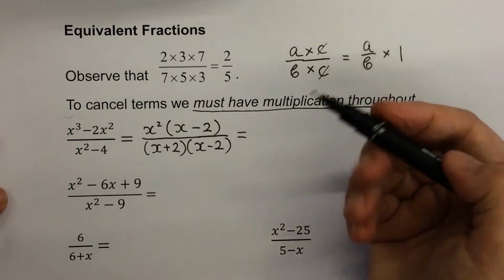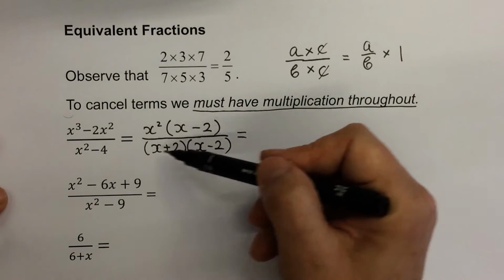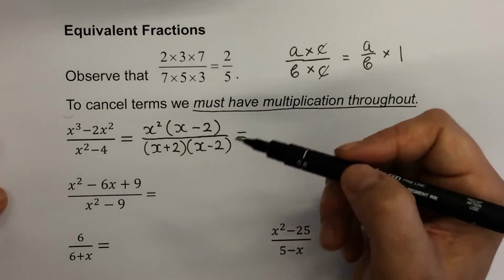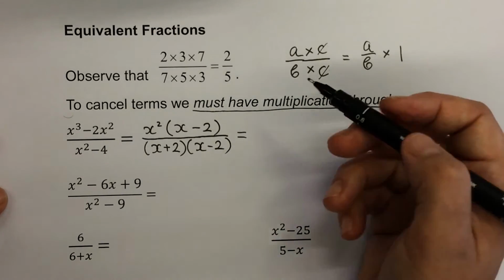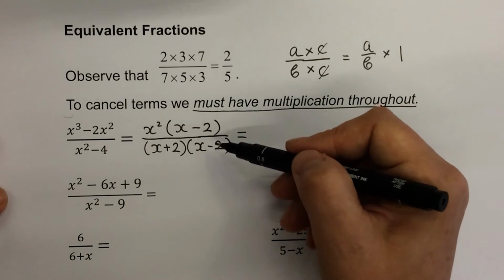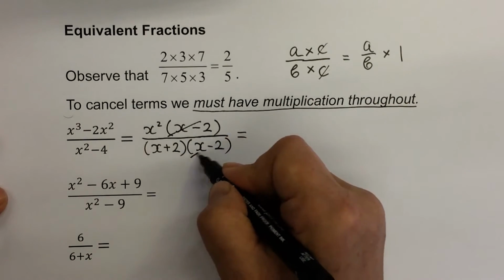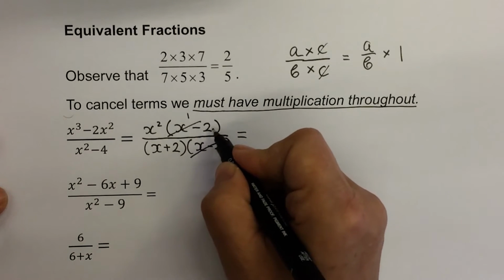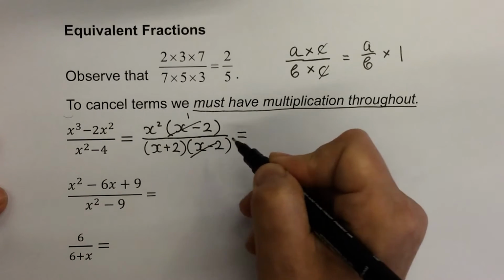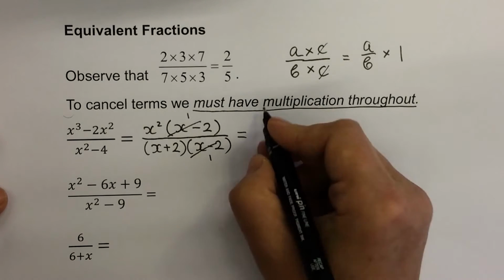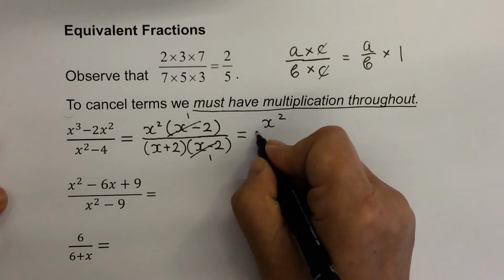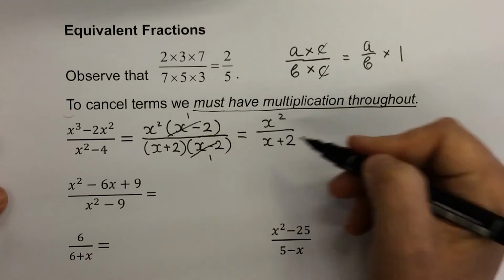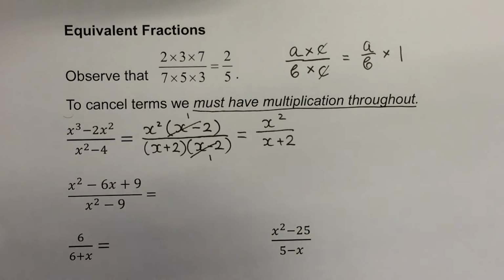So what happened, first of all, we have multiplication and division throughout, and we got the same factor in numerator and denominator. Hence we can cancel out, just like here. Because we have x minus 2 divided by x minus 2, which is 1. And what's left is x² over x plus 2, which is a simpler expression.